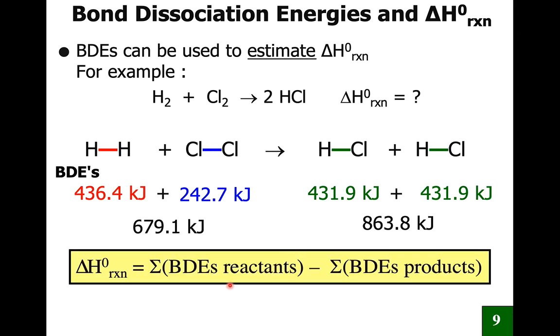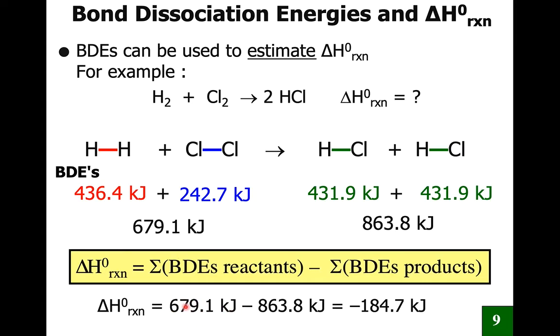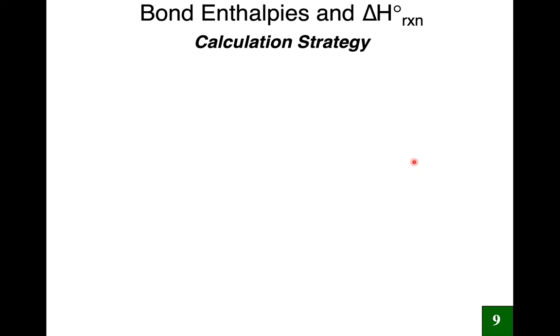This is weird compared to some other things: we do reactants minus products. So reactants minus products gives us a negative enthalpy. So this is an exothermic process. We get a release of energy. The bonds in the products are stronger than the bonds in the reactants.